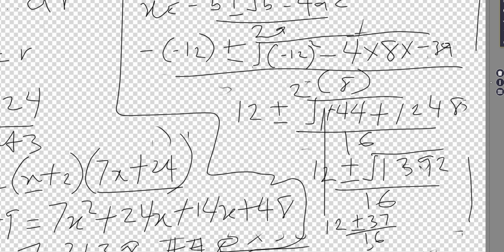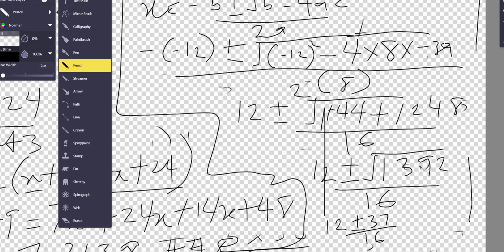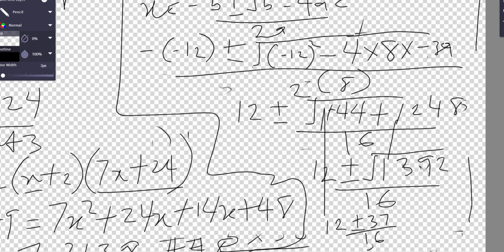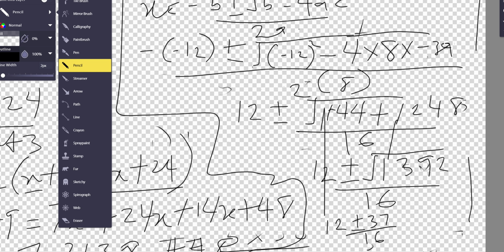So let's do the addition. 12 plus 37, then all divided by 16. 12 plus 37, well, 49.